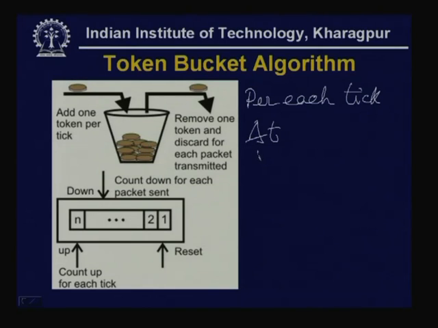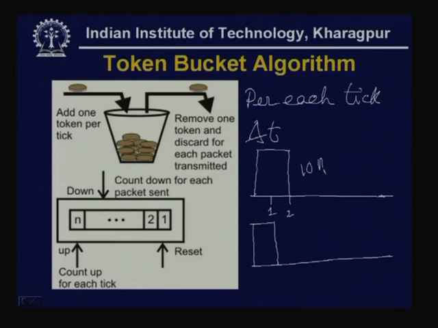So let us consider the same example. Suppose it has received data at the rate of 10 megabits per second for 2 seconds, because of the burst nature of traffic. In case of token bucket, what will be done? Maybe for 1 second it will send at the rate of 10 megabits per second, and assuming that 5 tokens were stored, after that for 5 more seconds.